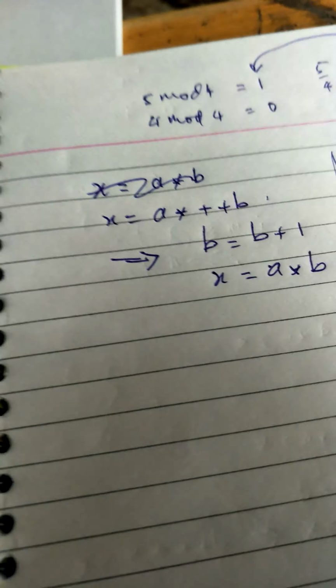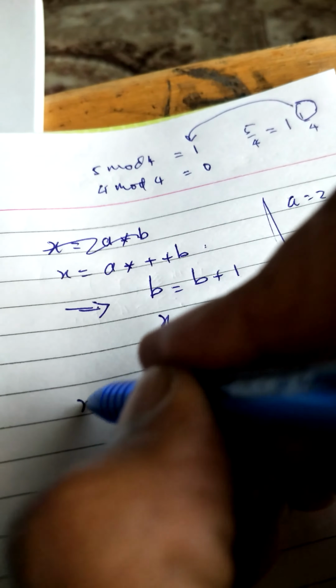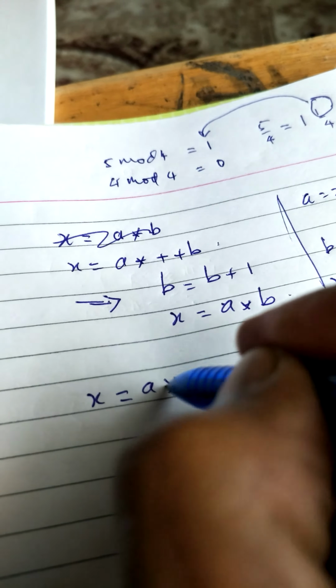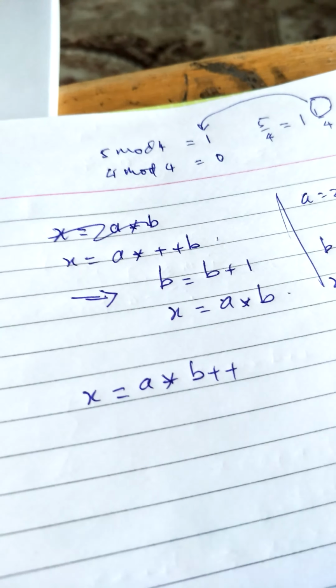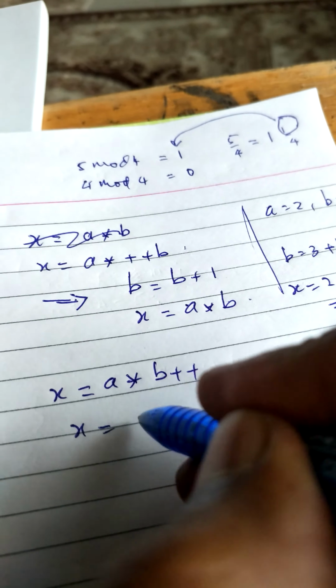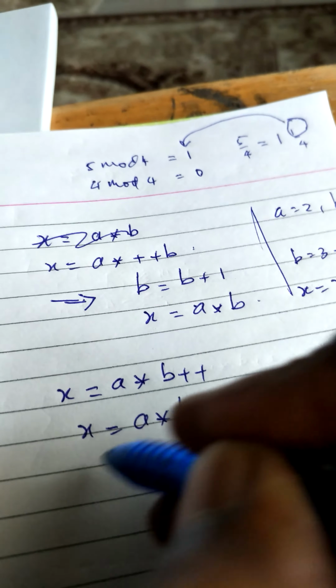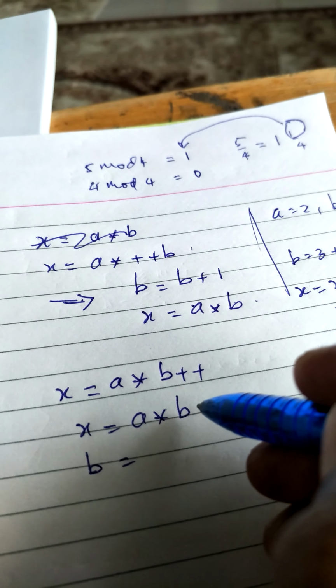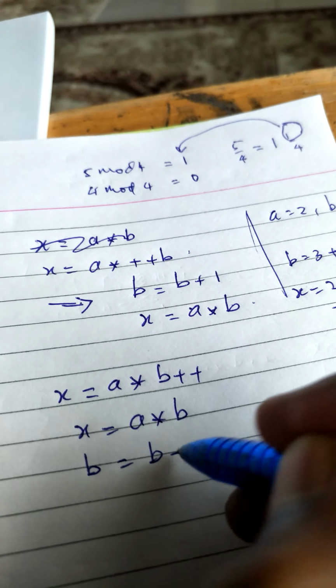Whereas the other one, if you write x = a * b++, this will give you x = a * b and b = b + 1.